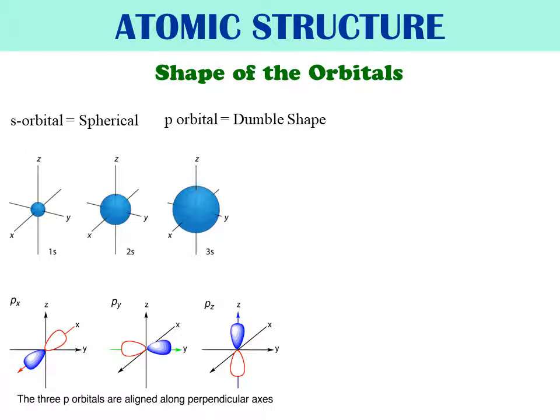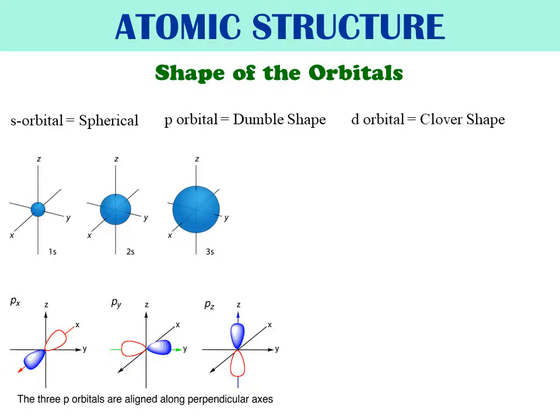But what about this dumbbell shape, px, py? P orbital will have different orientations. So we will have individual p orbitals in individual directions: p orbital along the x direction, p orbital along the y direction, p orbital along the z direction. So it's termed as px, py, pz.